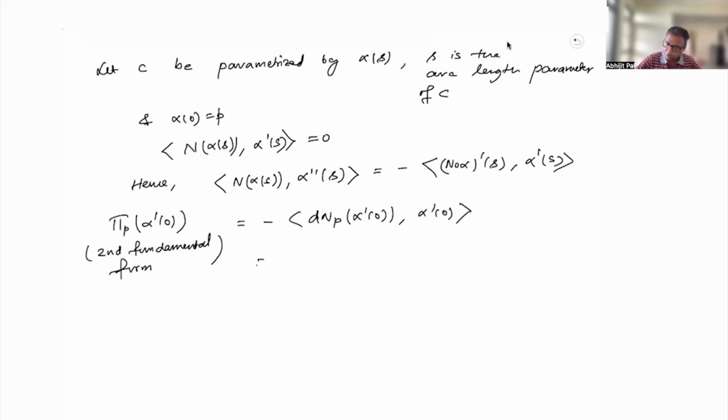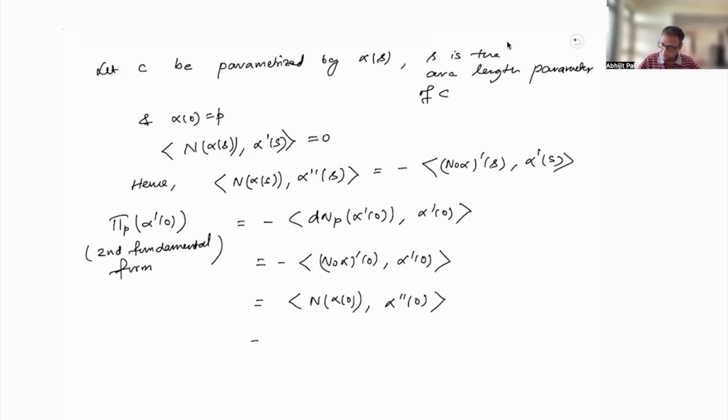So this will be equal to minus of n compose alpha prime 0, inner product of n compose alpha prime 0 with alpha prime 0. So this will be equal to the inner product of n of alpha 0 comma alpha double prime 0.